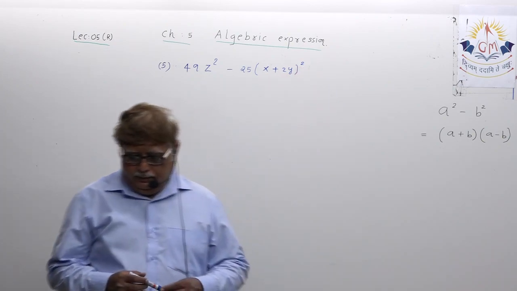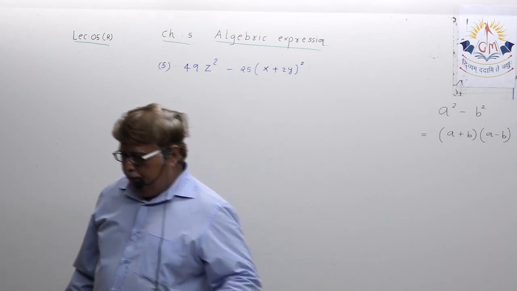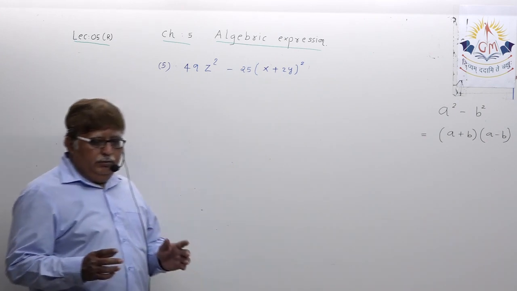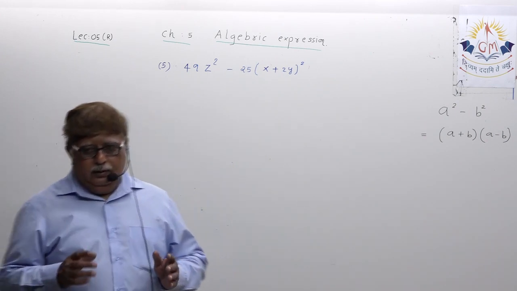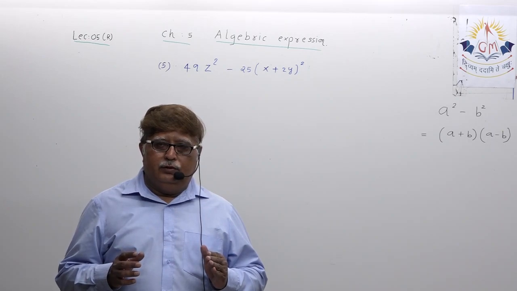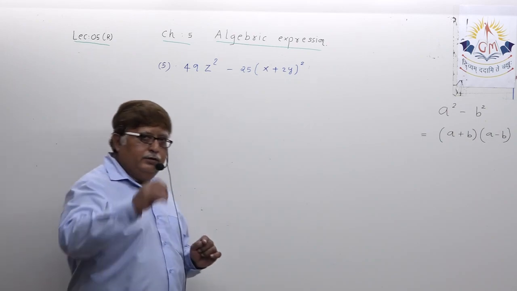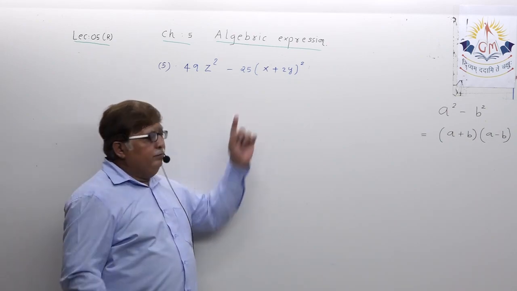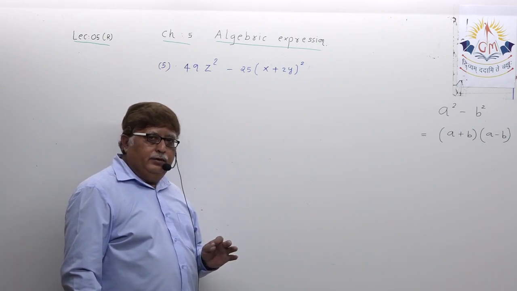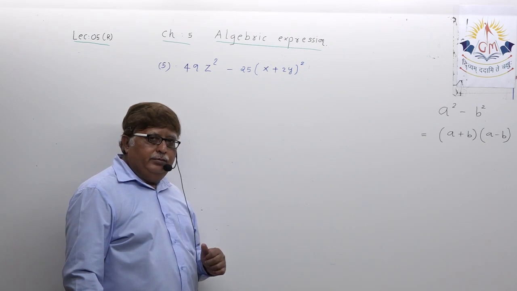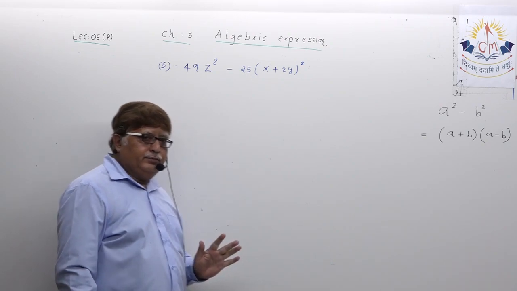Before I explain this example, first you verify what I have just now told you. You observe all four example you have done just now, where here also we are undoubtedly going to apply the same identity only.